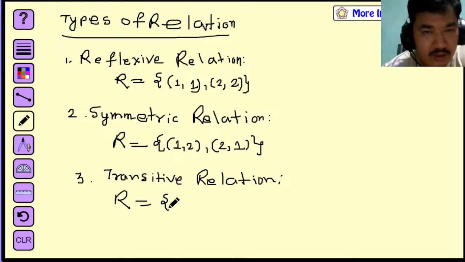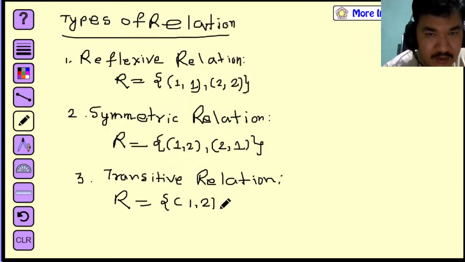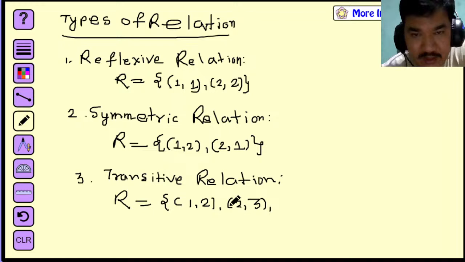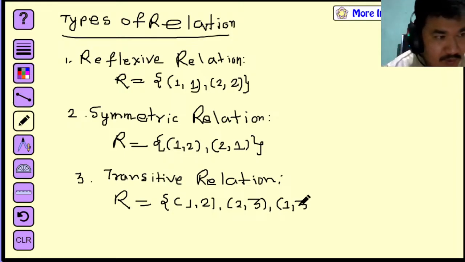In the set of ordered pairs, the first one is (1, 2), and the second ordered pair starts with its ending: (2, 3). The next one is formed from the starting point of the first and the ending of the second: (1, 3).